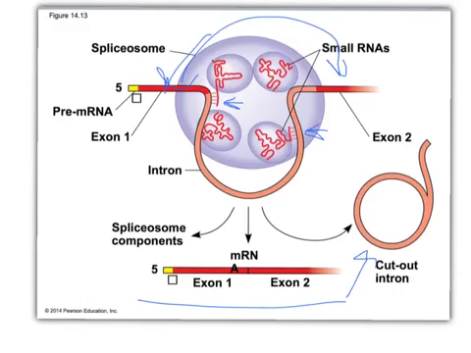So splicing, the 5' cap, and the poly A tail, those three things have to occur in order for an RNA to be completely processed. Once that occurs, you have what's called a mature or complete messenger RNA. That RNA now is ready to leave the nucleus, be exported, and bind a ribosome for translation. Questions on transcription and RNA processing?